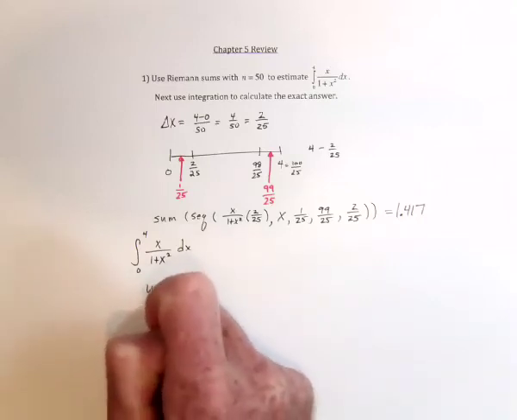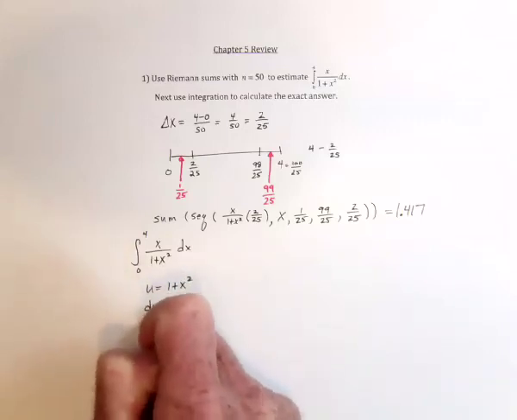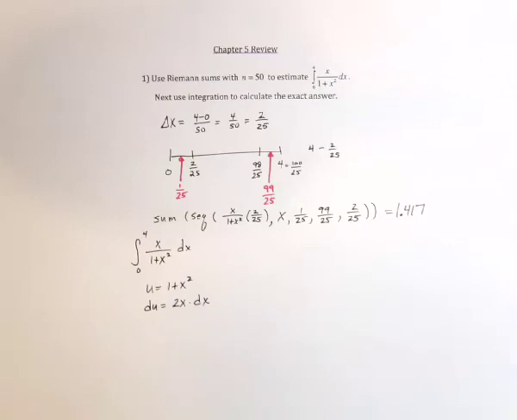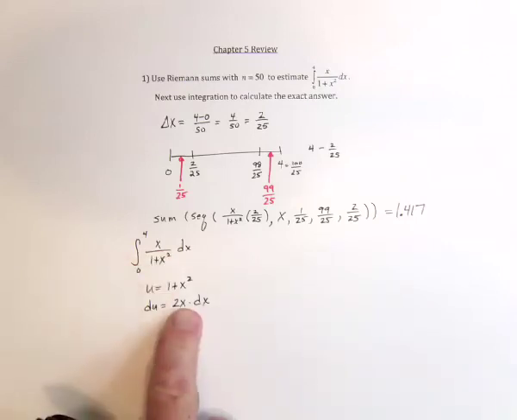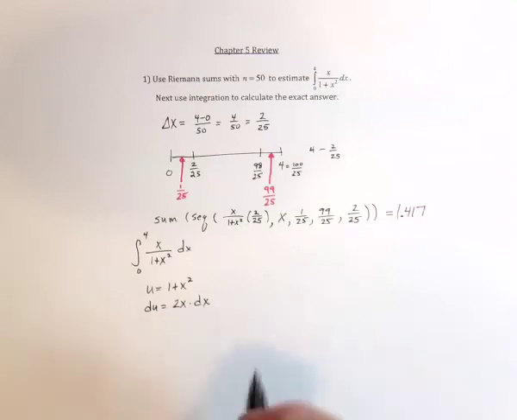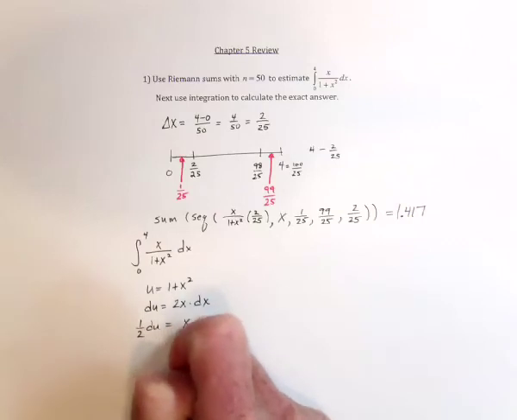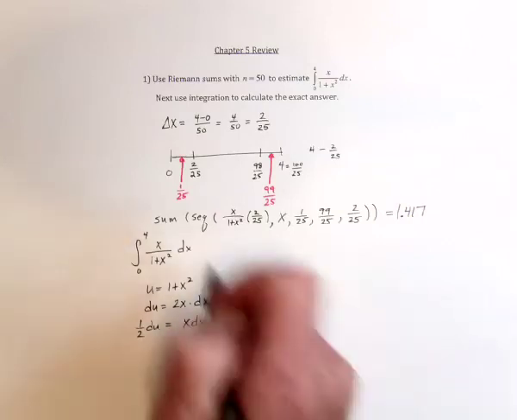Let u equal the denominator, because if I take the derivative of that, x dx is sitting on top, and I get x dx right there. I just need to multiply both sides by 1/2 so that it's set up perfectly for the u substitution.